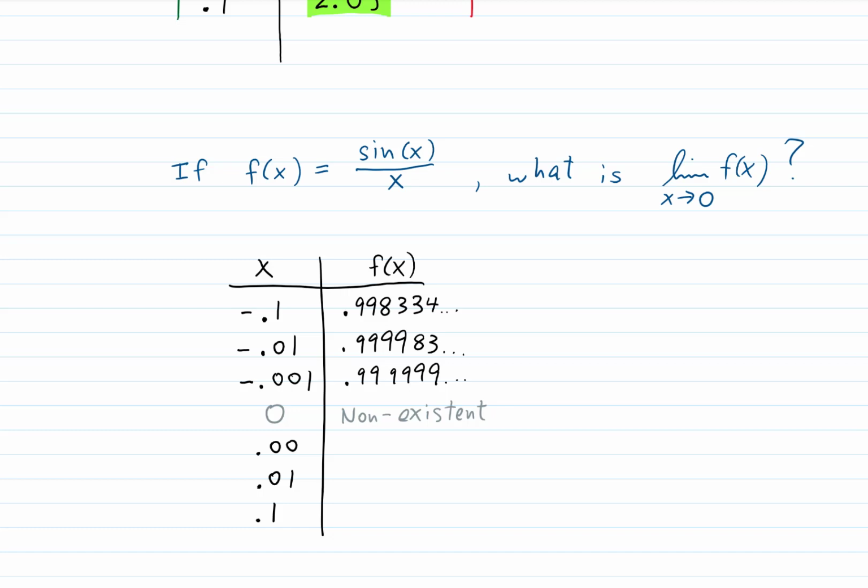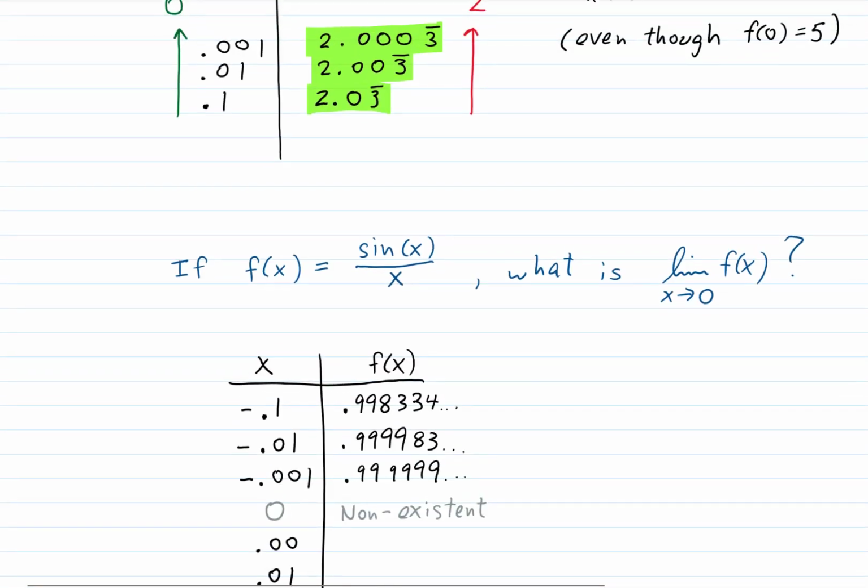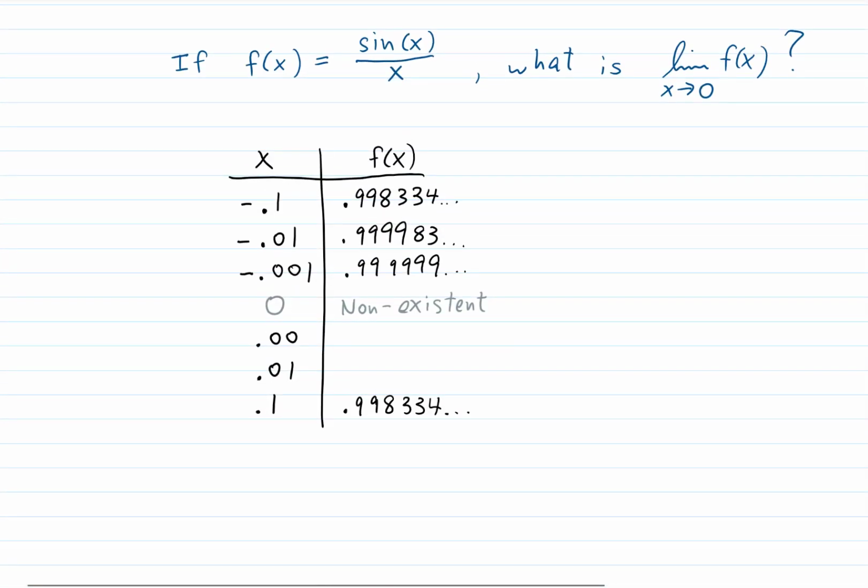All right, so there we go. Now let's plug in the positive numbers that we picked there. f of 0.1, I get 0.998334, just like way up at the top. f of 0.01, we get 0.999983 again.